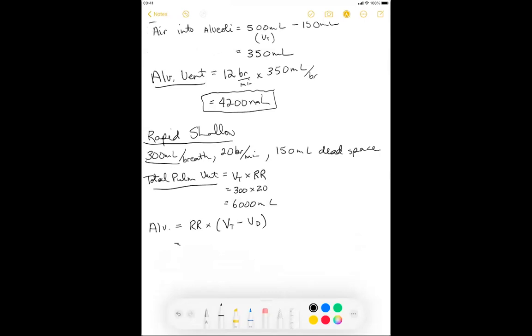So what we get is 20 breaths per minute times 300 minus our 150 mils. If we work that out, it should be about 3,000, I think. Yeah, that makes sense. 20 times 300 minus 150 is 150, and that gives us 3,000 mils.